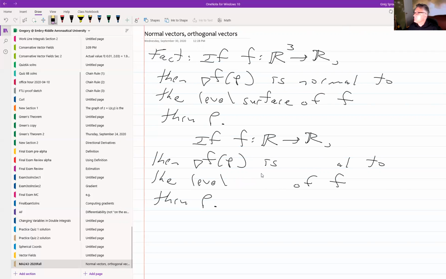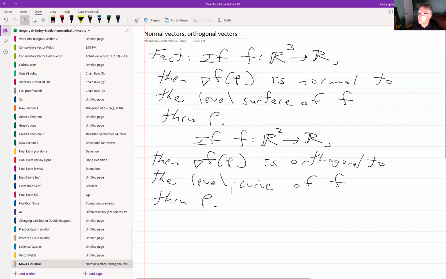And with curves, we use the word orthogonal instead of normal. So if f is a function of two variables, then the gradient of f at p is orthogonal to the level curve of f through p. So let's use that in some examples.